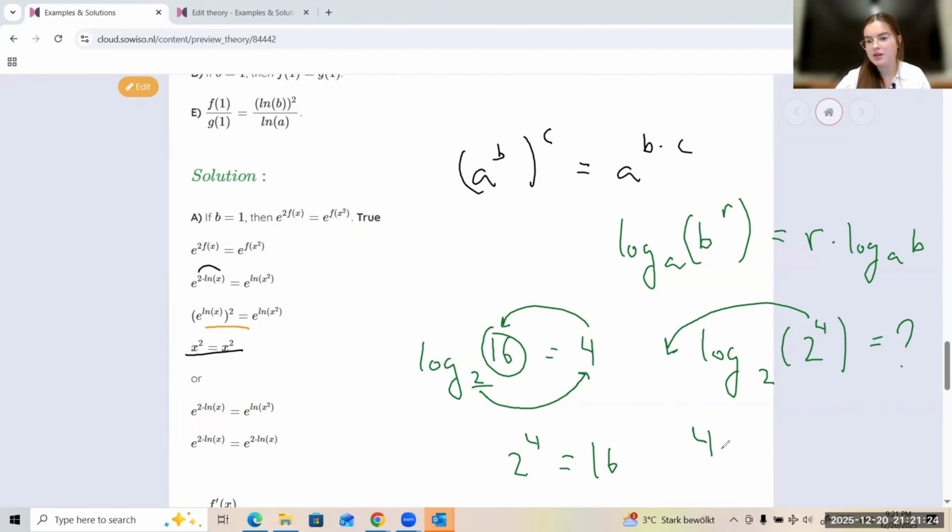So you do 4 times logarithm 2 of 2, and it's equal to 4 times 1, because you need to put 2 to the power 1 to get 2. And that's how your final answer is also 4 here, like it was here.